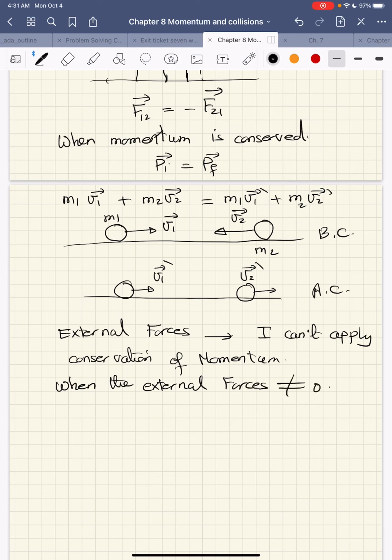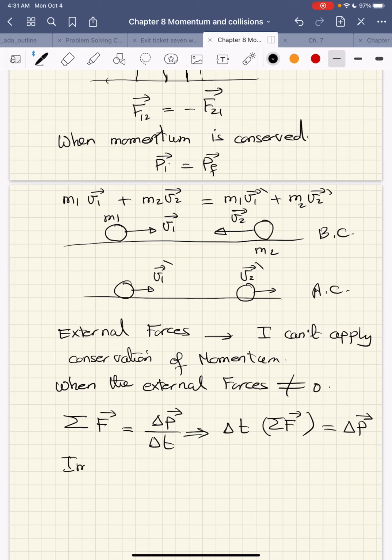Which means here, I don't have the case where momentum is conserved. Now, we can say that sigma F equals delta P over delta T, and this means delta T times sigma F equals delta P, and I can define now a new quantity.